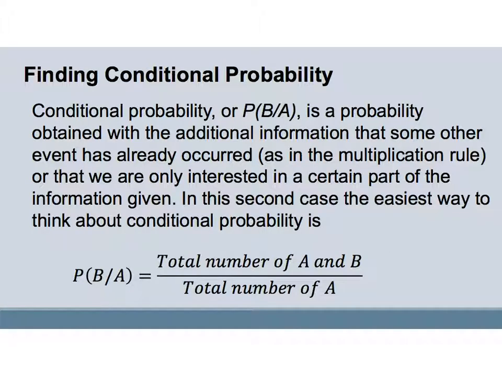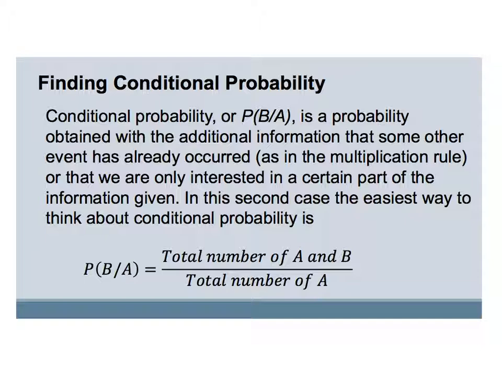Then the other one is conditional probability. For conditional probability, you have the formula down there: the total number of A and B over the total number of A. What happens in conditional probability is I only care about part of it.